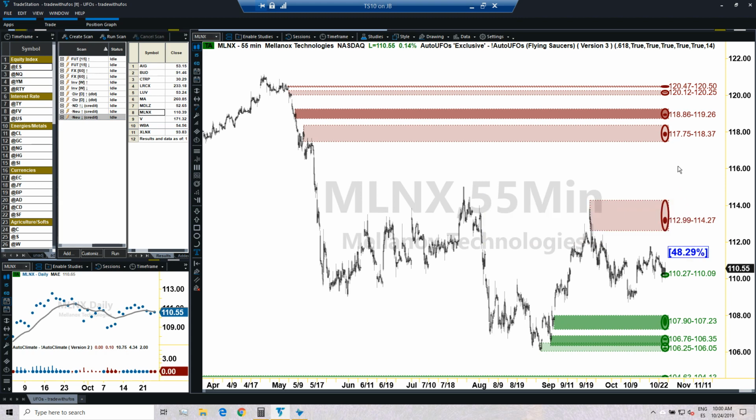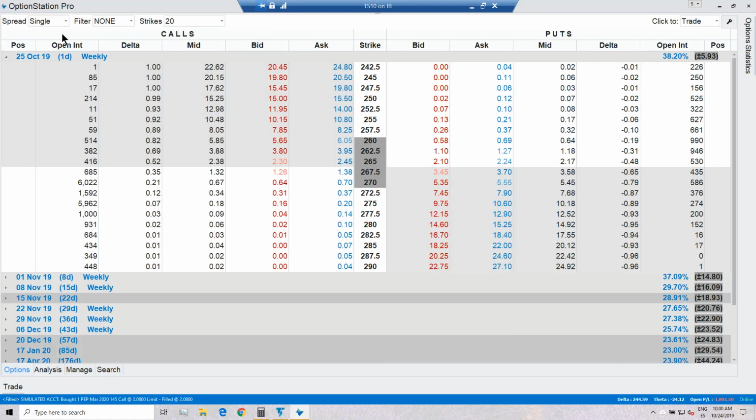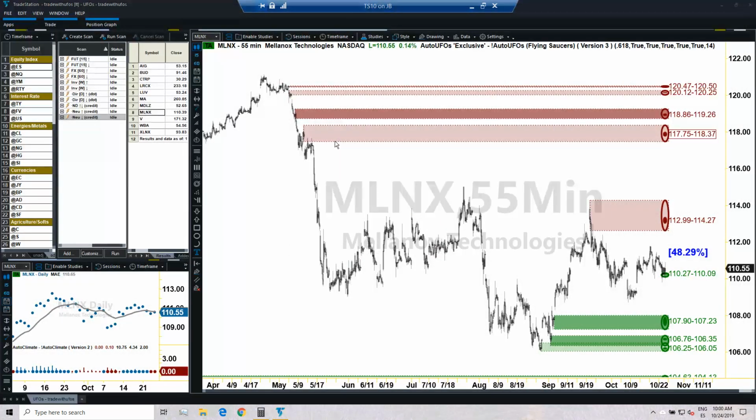The problem is that we need at least 2 UFOs, and I need to use tomorrow expiration, so I need premium selling the 118, which I think it would be a miracle if I do have such a huge level of premium. Okay, let me reload Option Station Pro.